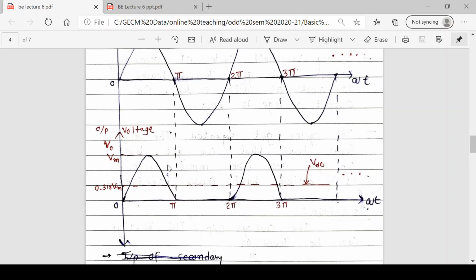So our output voltage, as I explained, during positive half cycle diode is on. So whatever is input, same is output. Input and output are same. Now during negative half cycle of the input, diode is reverse biased, off. So output voltage is 0. Again in positive half cycle, diode is on, so we get the output same as input. In negative cycle, output is 0 and cycles will be repeated.